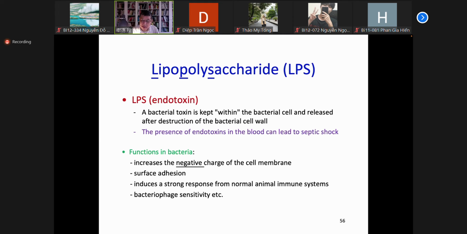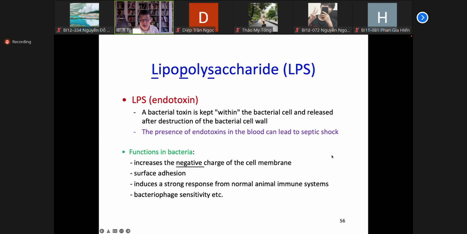It induces the innate immune response. That is, the immune cells in the blood will be angry and they will release a lot of cytokines to cope with the LPS. At the same time, it causes the patient to fall into an unconscious state. Their organs are working less well, their blood pressure is going down, and the person is unconscious, and without emergency help, this person will die.